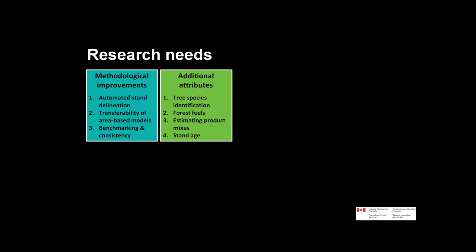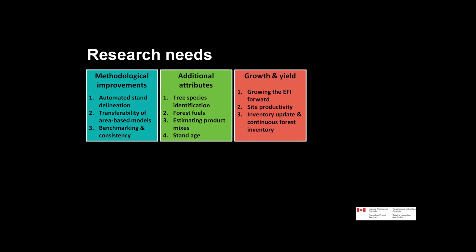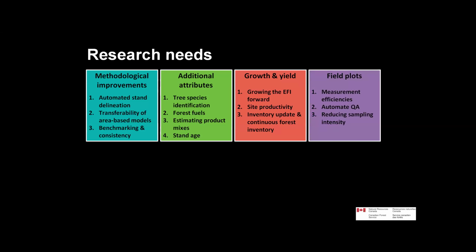The need for additional attributes like tree species, mapping forest fuels, estimating product mixes, and somehow getting a sense of stand age. Growth and yield. How do we grow the EFI forward? How can we characterize site productivity and use the LiDAR to help us do that? How do we update these inventories and move towards a continuous forest inventory type of framework?